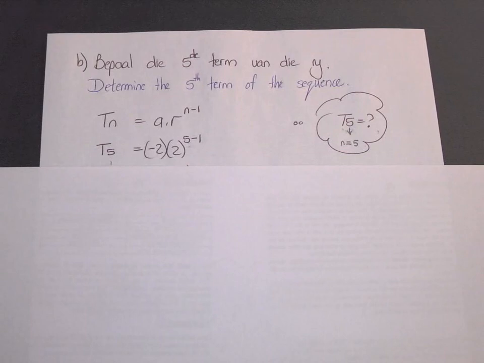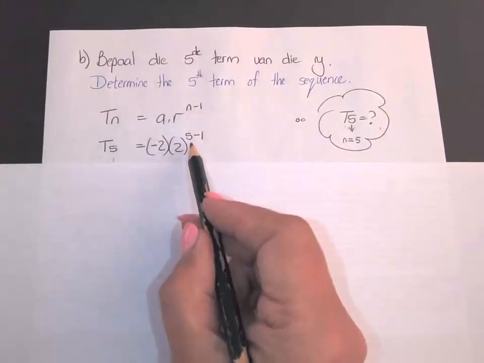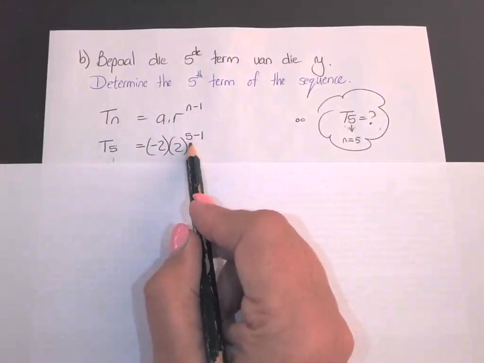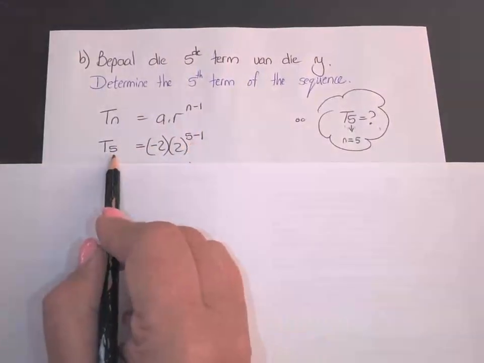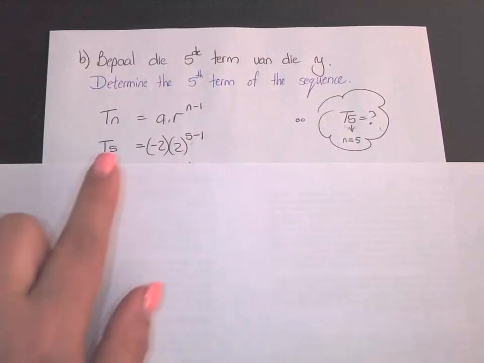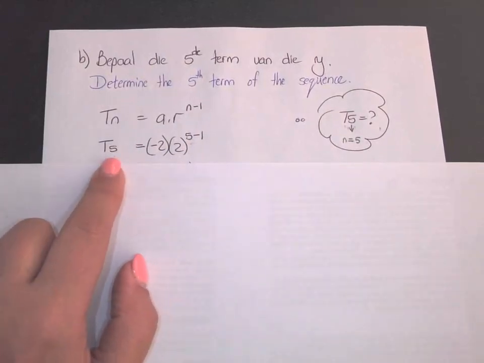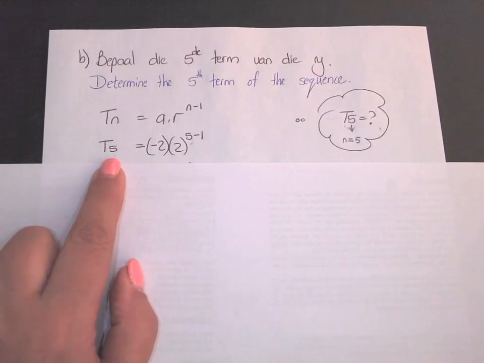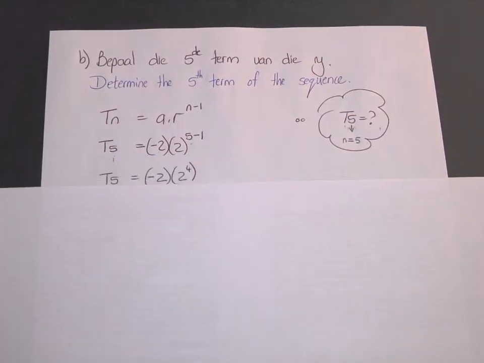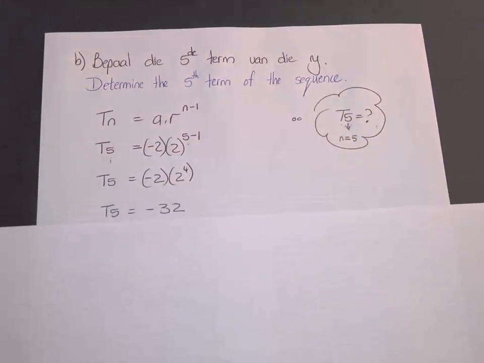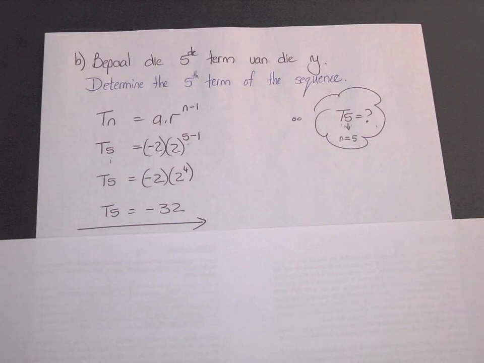Substitute everything in and remember, if you substitute the 5 in on the right hand side, you must also substitute it in on the left hand side. Some of you leave this as Tn, and then you will lose a mark for notation in your paper. Multiply everything out, and then you get T5's value, term 5's value. Any questions so far? This is old news.